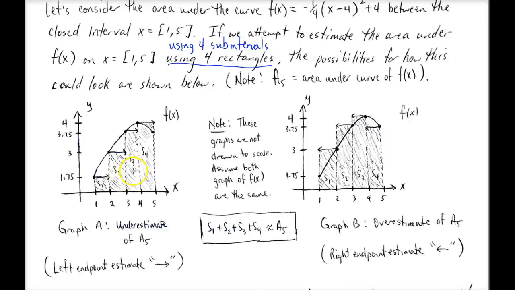What I've done here is draw this using what we call a left endpoint estimate and a right endpoint estimate. Let's look at the left endpoint estimate, or what I'm calling the underestimate in this case. My actual function comes up and goes down, but I'm only looking at the portion from x equals 1 to x equals 5.